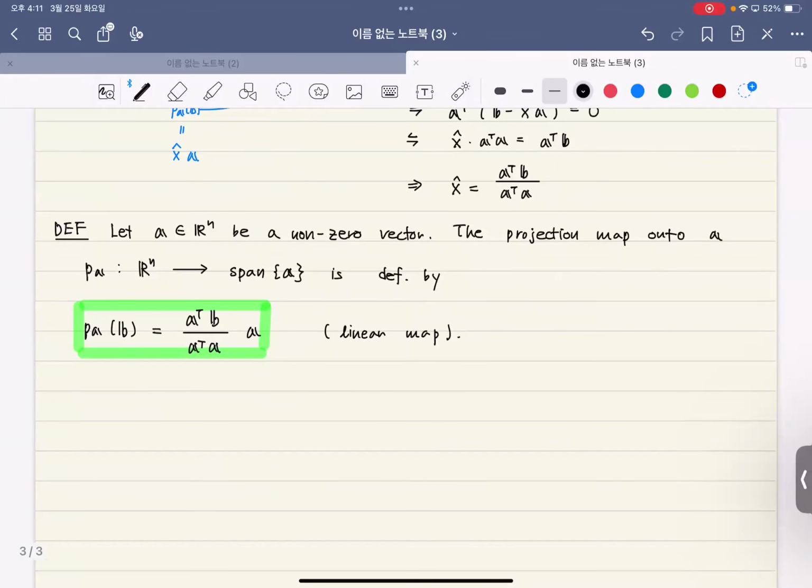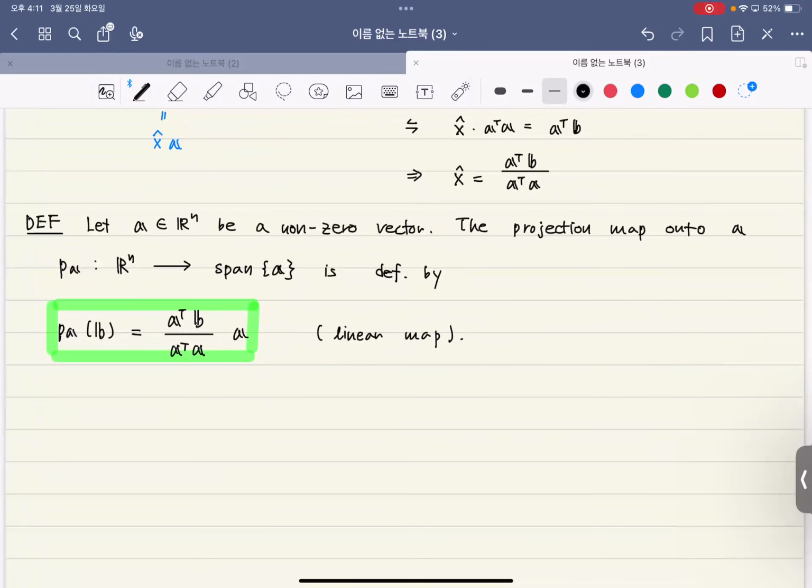I have an application of this formula, which is the Schwarz inequality.